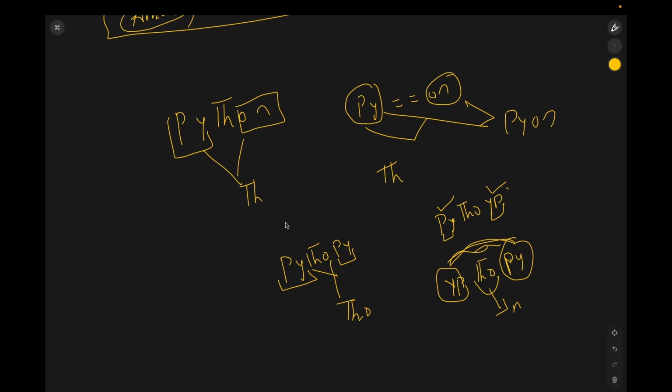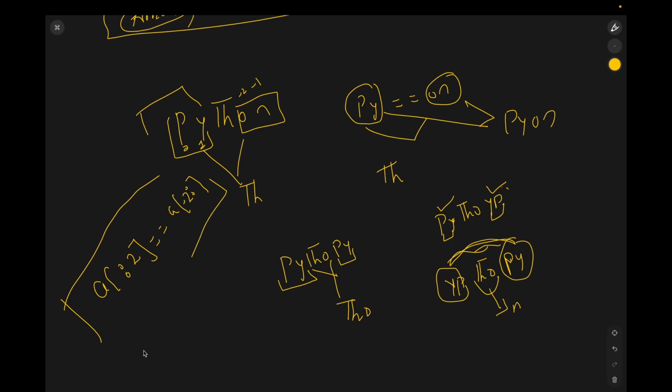Since we know that we can write a of colon 2 similar to a of minus 2 colon, right? A of colon 2 will give you the 0 index and first index, and a of minus 2 colon gives you the minus 2 index and minus 1 index, the last two characters, here py and here py. If you are having something like this, then you can do the direct comparison.